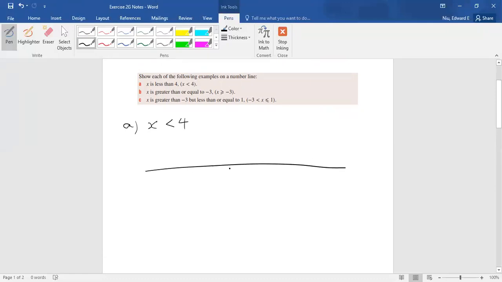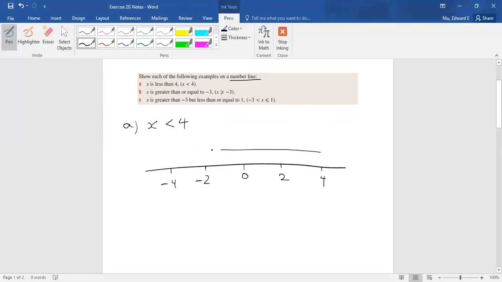Let's say here's 0, here's 2, and here's 4, here's -2, -4. Because it's talking about x being less than 4, it's talking about any number that is on this side of 4.